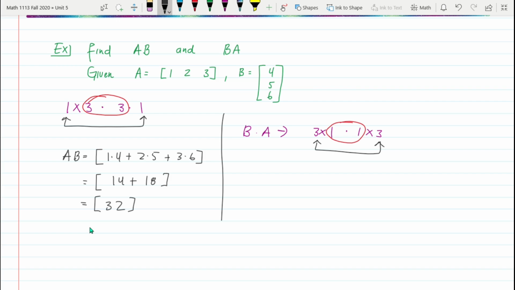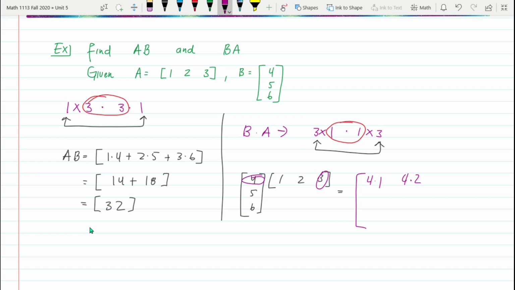Okay, so let's put them next to each other so that we can see what's going on. So 4, 5, 6 times 1, 2, 3. Now, how is this going to happen? Remember, you do the first row times the first column, so you get 4 times 1. The first row times the second column, so 4 times 2.